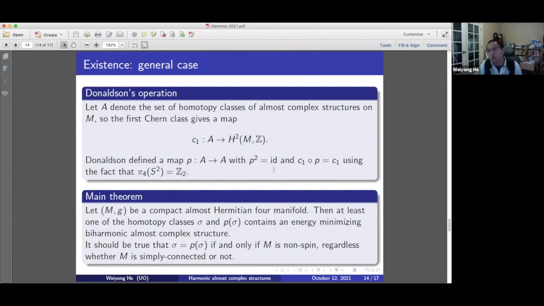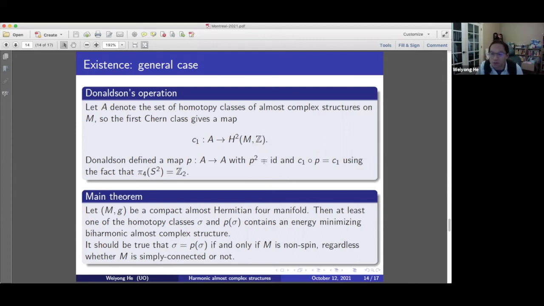So there are two somewhat contradicting statements. One is that P is never the identity. The other is that P is the identity when M is non-spin. I tend to believe that when M is non-spin, then P is actually the identity.